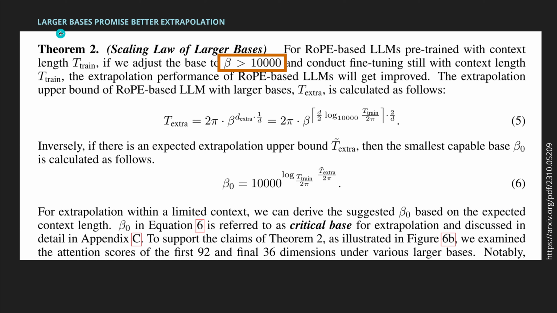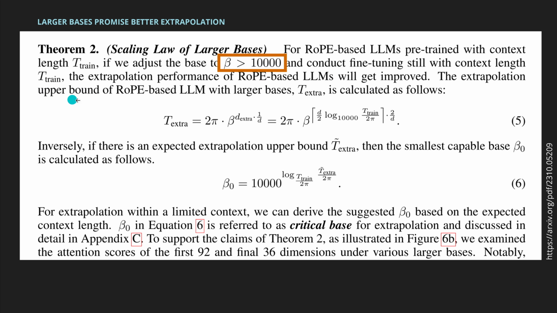Now remember, we had also the larger bases. So more than 10K in our theta definition gives also a better extrapolation behavior of our RoPE-based LLMs. So if we adjust the base now significantly more than 10K and conduct the fine-tuning, still with the context length from the original one, the extrapolation performance of the RoPE-based LLM will improve.